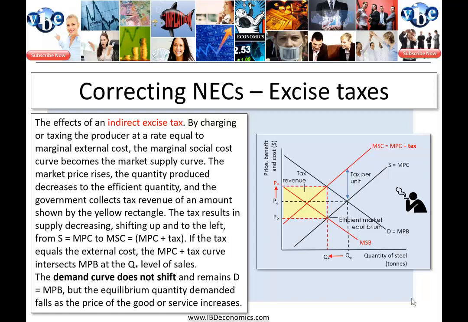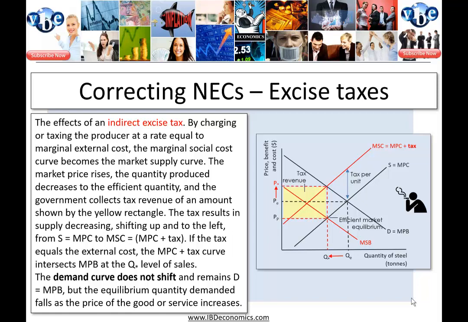Price increases, quantity demanded decreases, government collects tax revenue, and if the excise tax is exact, precise, then it can reduce consumption to the allocatively efficient market equilibrium.